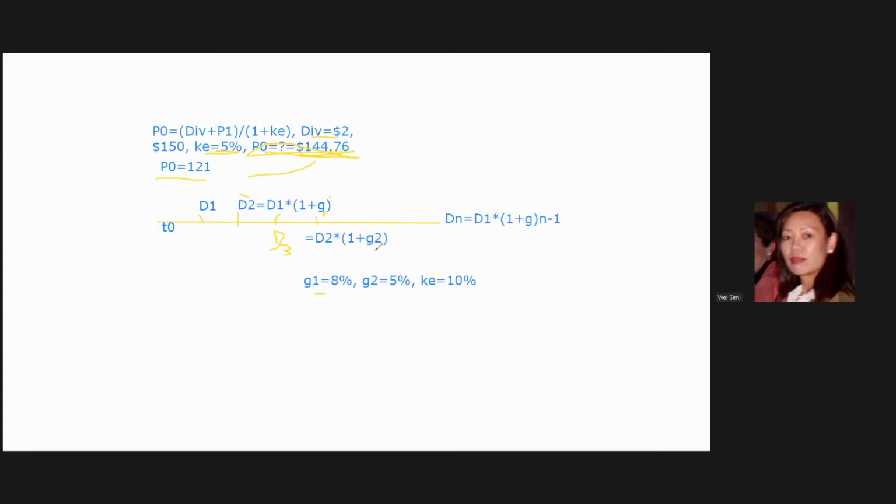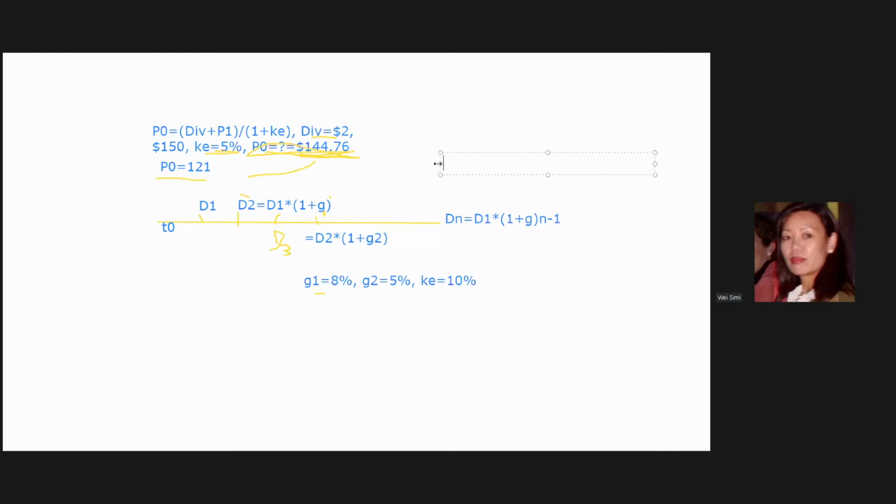And at this slower speed, growth stays here indefinitely, or infinity, or forever. When you see those words, it means infinity, so you are going to use the Gordon growth model. For the rest of this period, you can try to solve it using the Gordon growth model. Remember, the Gordon growth model is forever at that growth rate. If infinity at that growth G2, I give you a hint, okay?